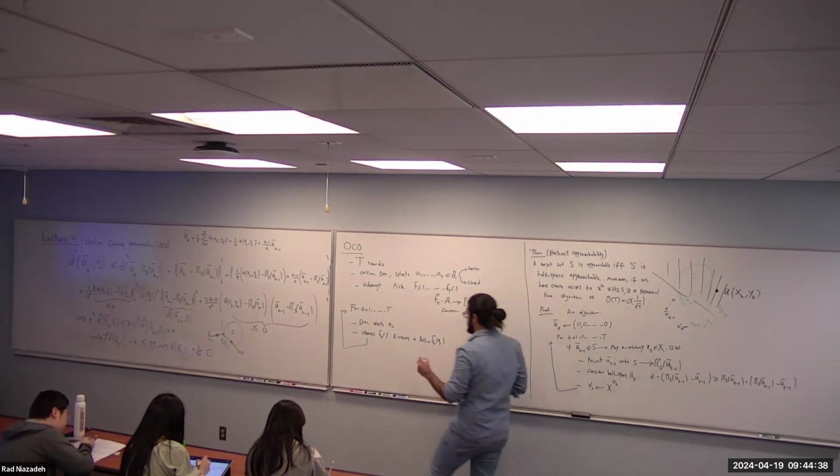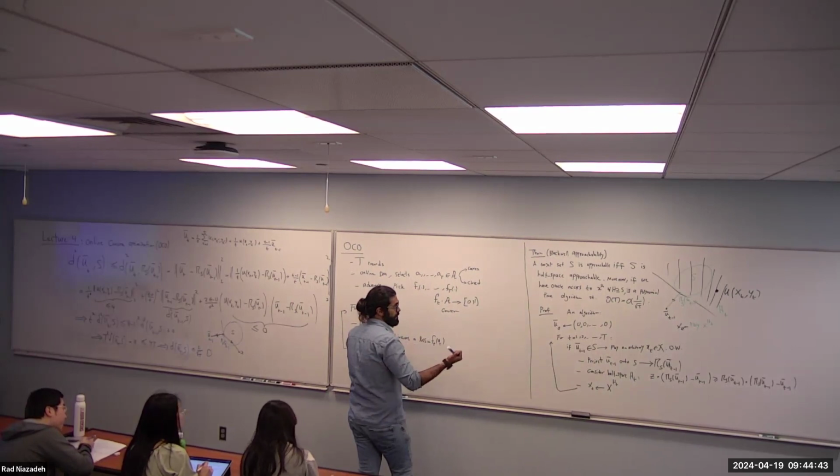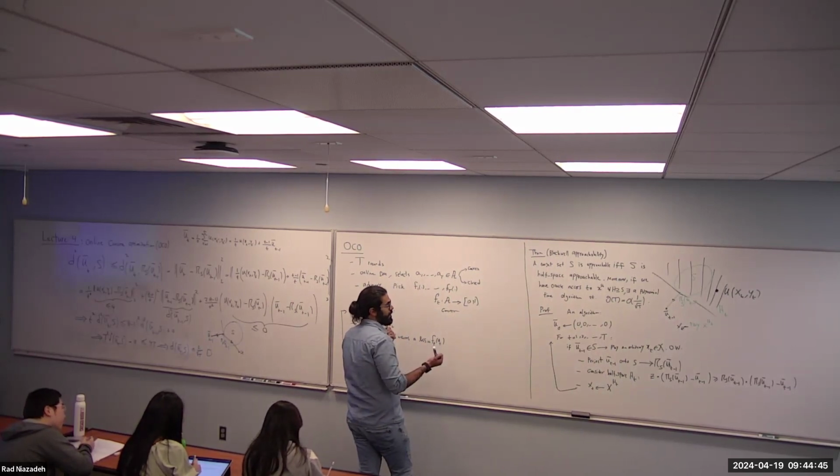Right? So the goal of the decision maker is to pick a sequence of actions that gives you as small a loss as possible.